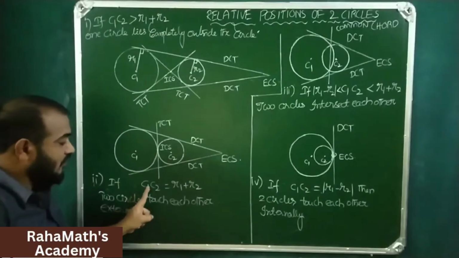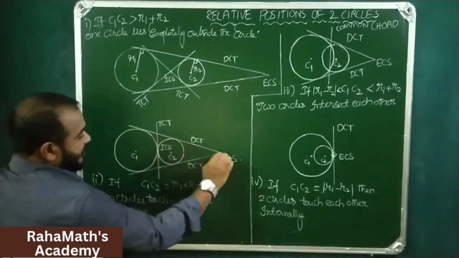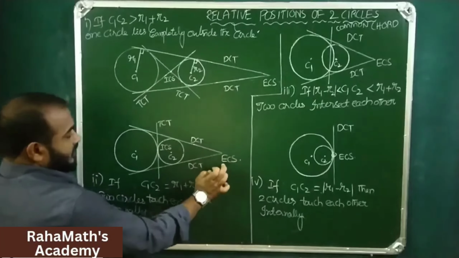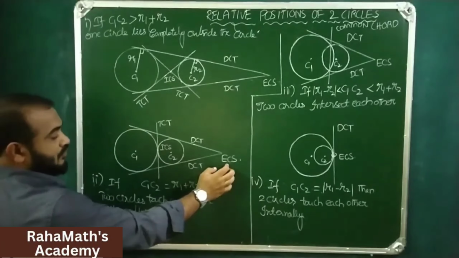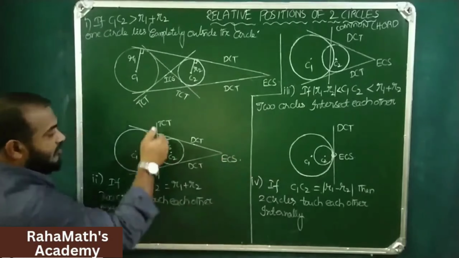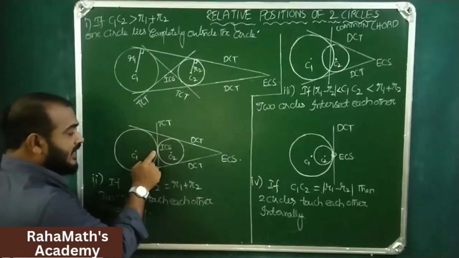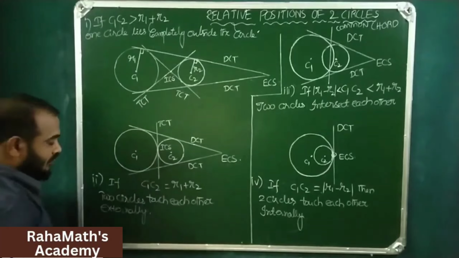If C1C2 equals R1 plus R2, there will be two direct common tangents, and this point is the external center of similitude, which is the point of intersection of the two direct common tangents, and one transverse common tangent, and this point of contact is called the internal center of similitude.